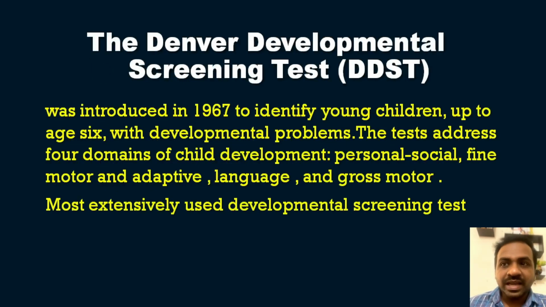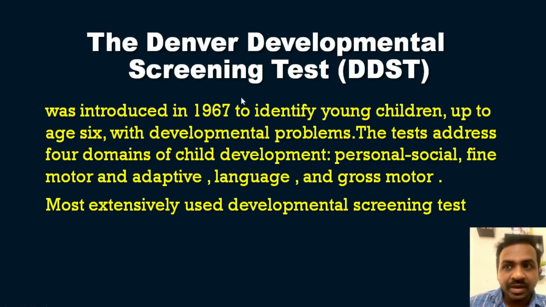Okay, so next option was the Denver Developmental Screening Test or the DDST. So this was introduced in 1967 to identify young children up to the age of 6 with developmental problems. So the test addresses 4 domains. Okay, so that is important here.